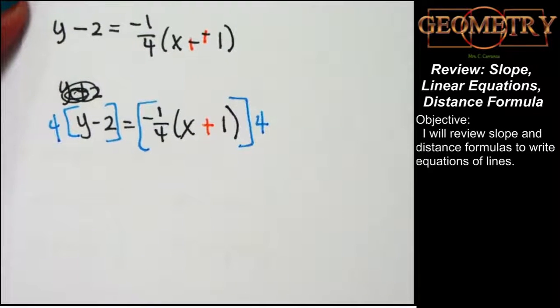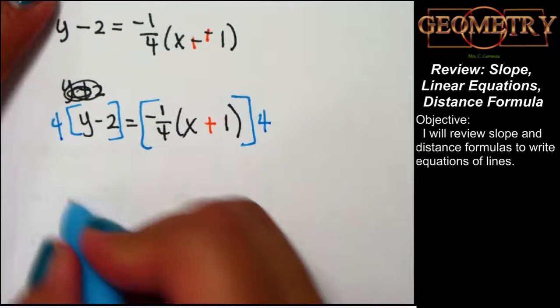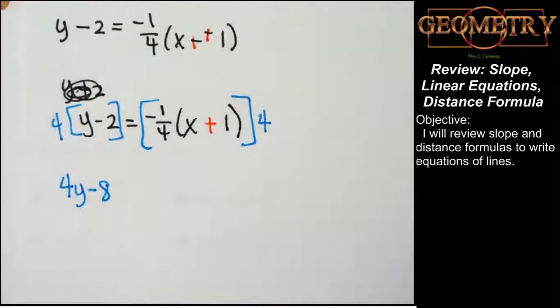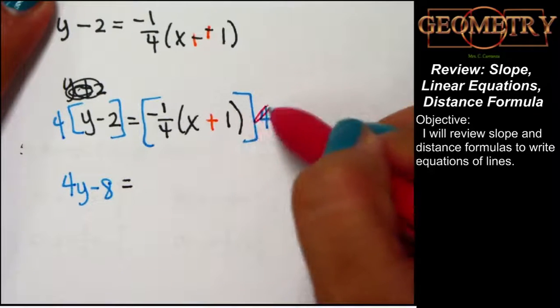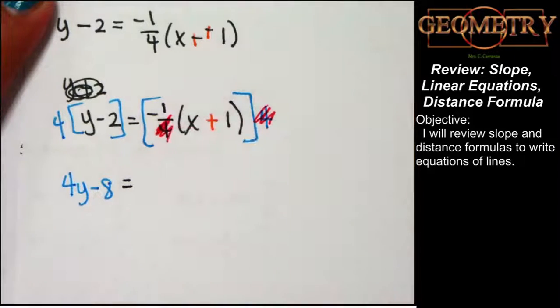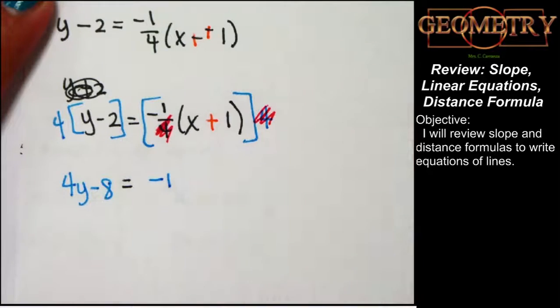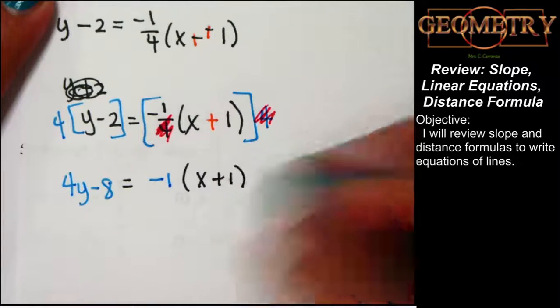So there I'm multiplying everything through by 4, which is the denominator of this fraction. That's going to leave me on this side, with that, I distributed. And then on the right-hand side, this 4 is going to get rid of this 4, which means that I still have this negative 1 sitting out here that I have to deal with.